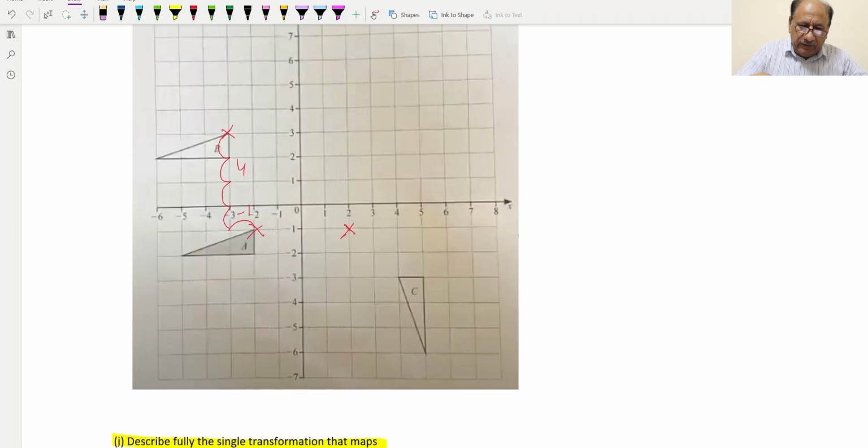So triangle A onto triangle C will be a rotation of 90 degrees, and not this one, it should be from here. So we can draw a line from here, and the second line we can draw is like this one, and now you can see this is 90 degrees, and the rotation is anti-clockwise, and the center of rotation is 2 and 1.